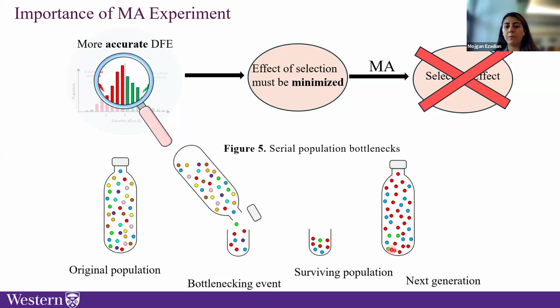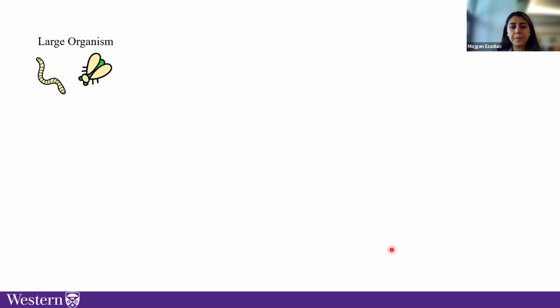But as you know, we have different sizes for the bottlenecks. In our studies, the size of the bottleneck is 1. So we choose 1 individual at random to reproduce, and there is no selection in the bottleneck stage, but the selection and competition between wild type and mutated individuals happen during the growth.